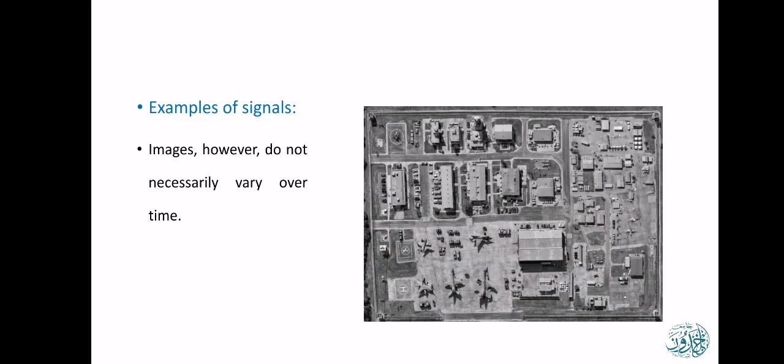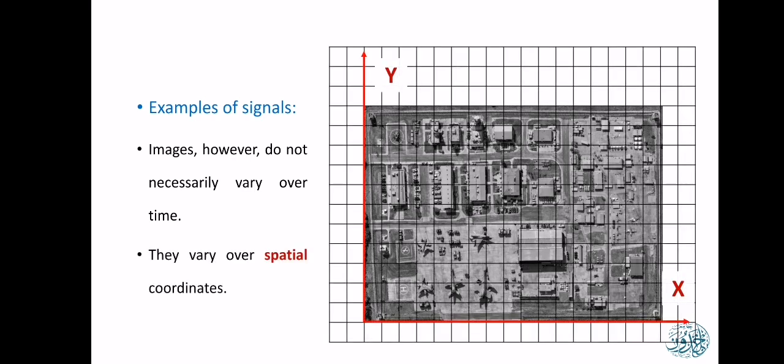images do not necessarily vary over time. Instead, they vary over space. So an image can be seen as a variation of brightness or color according to the spatial coordinates x and y. So instead of a function of time, we now have a function of space, but we still have variation.